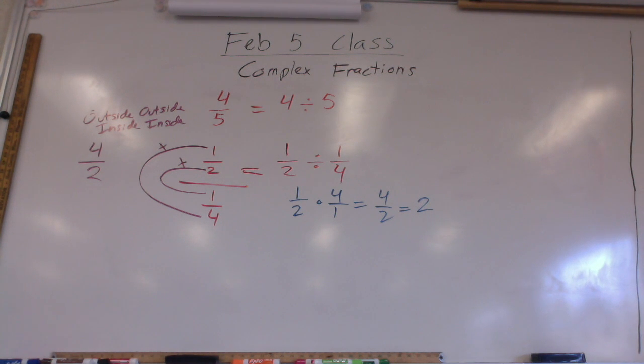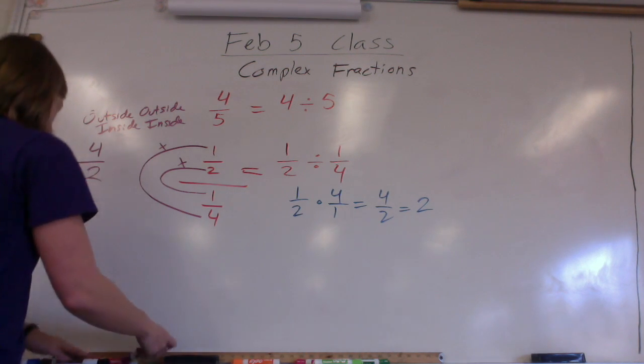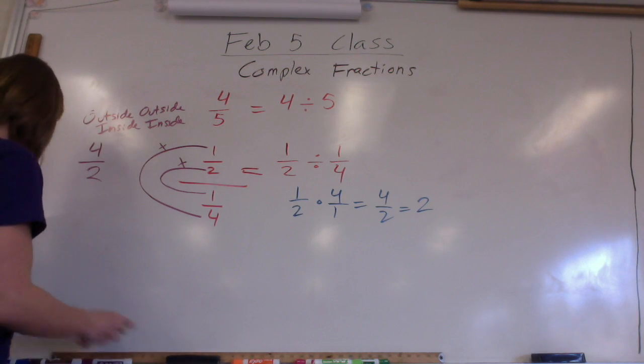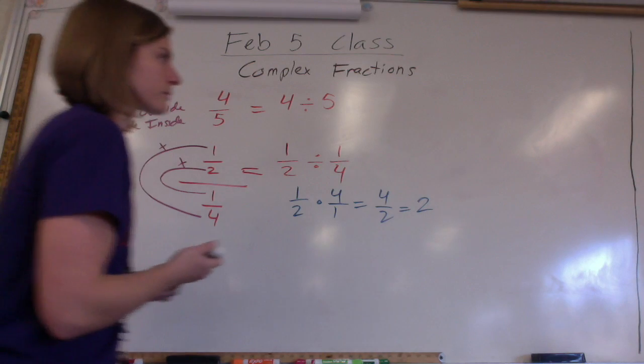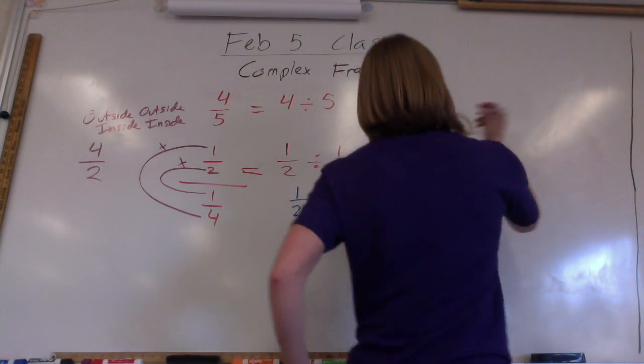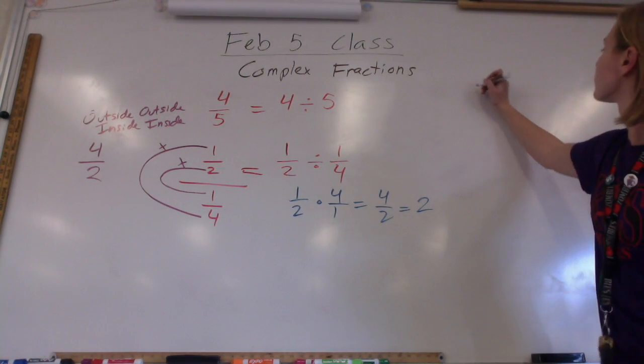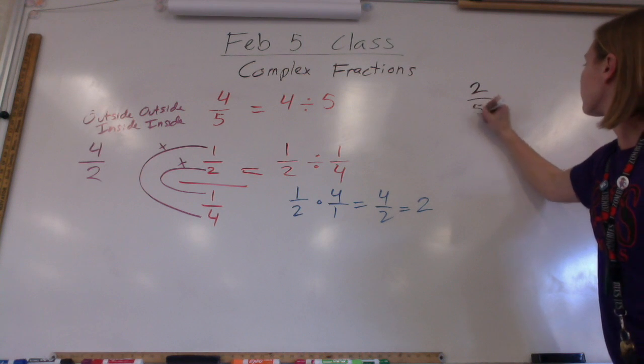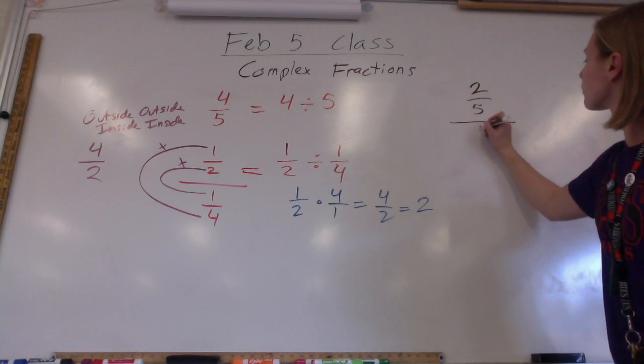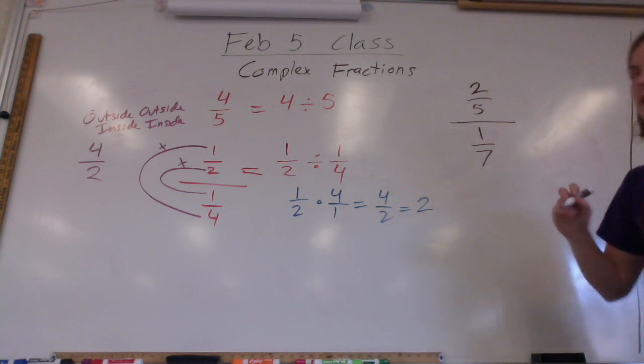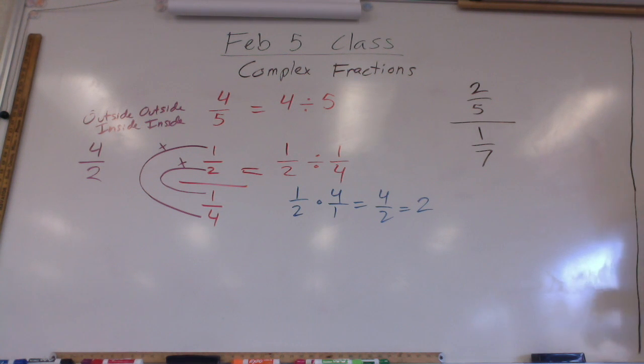Alright. You guys think you can try a couple? Let me think of one. Go ahead and try that one. 2 over 5 divided by 1 over 7. Wait, we just do outside, outside?